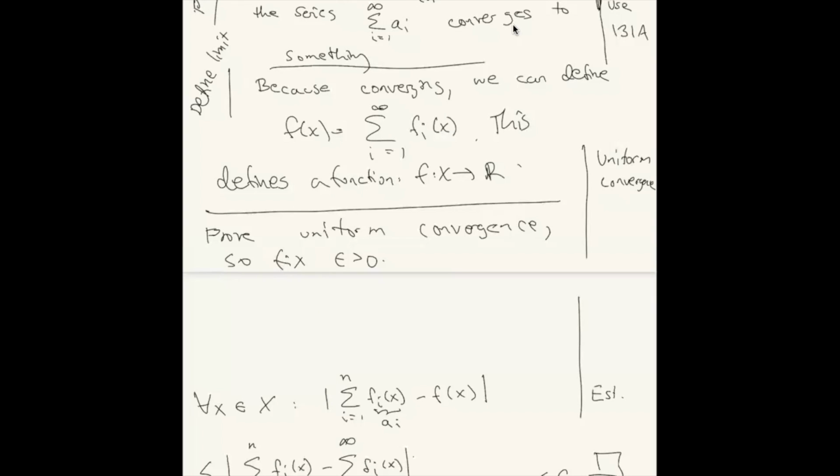Okay, so what is common, and this is an estimate you often use with series: if you have a sum up to n and a sum up to infinity, what is left after you take the difference is the terms i equals n plus 1 to infinity of f_i of x.